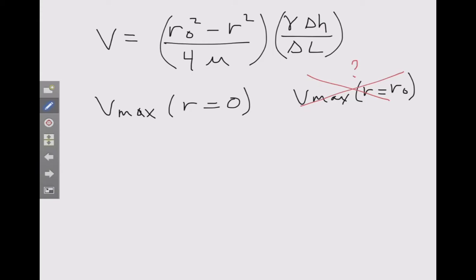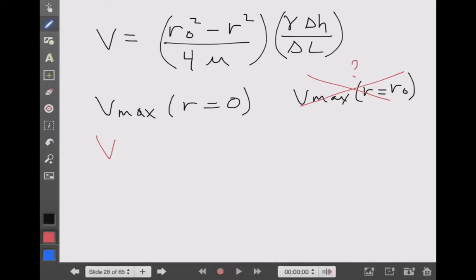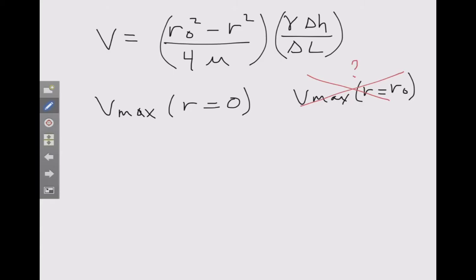So we can plug in r equals 0 for our Vmax. Oh, let me get back to a nice black pen. So our Vmax is going to be, it's pretty easy to plug in right here for r equals 0, and you can just see we're going to get r0 squared over 4 mu times that other quantity.